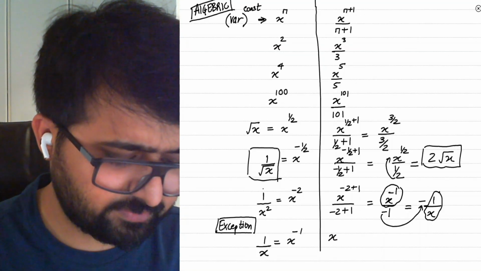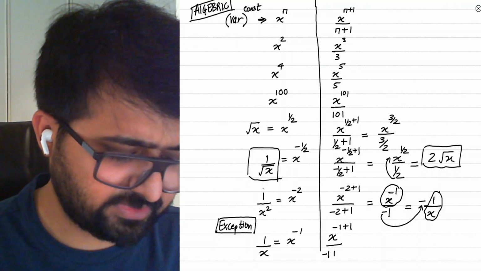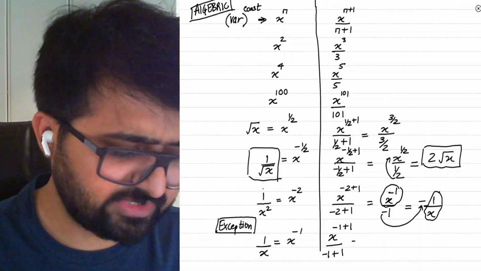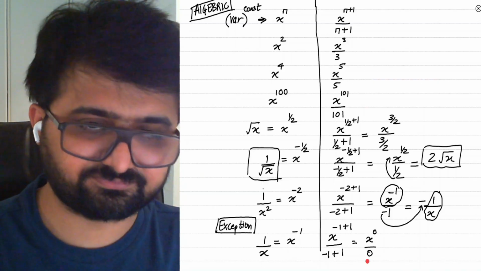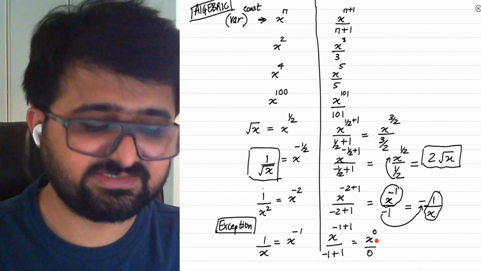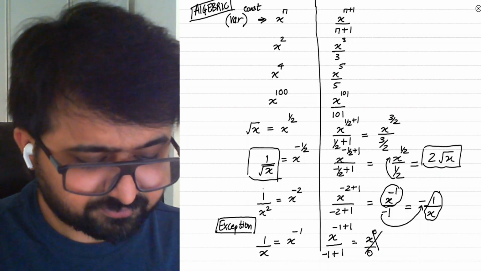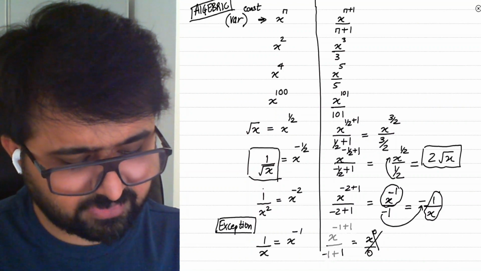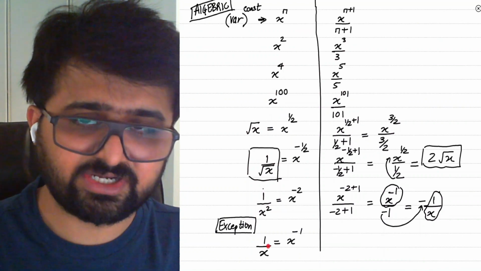You will get x to the power minus 1 plus 1 divided by minus 1 plus 1. That would be x to the power 0 divided by 0. Now we know anything divided by 0 is not defined, right? So we cannot write this. Basically this logic cannot be applied in the case of 1 over x.